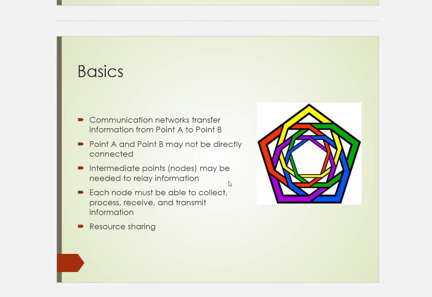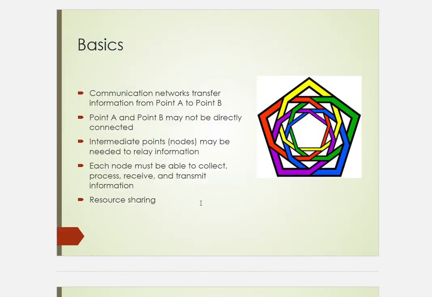So on these networks of Internet of Things, which is different than a traditional network, these IoT devices need to be able to collect, process, receive, and transmit information. We'll just say data initially, but ultimately it is information.